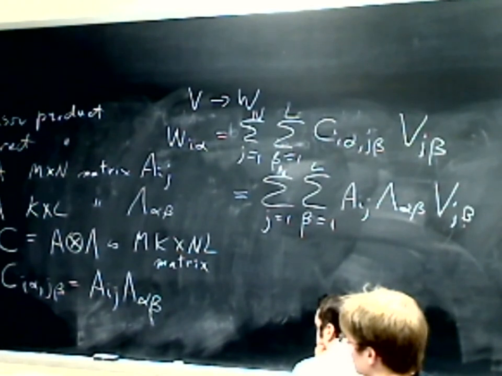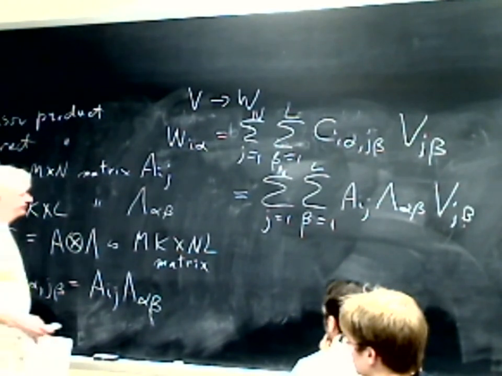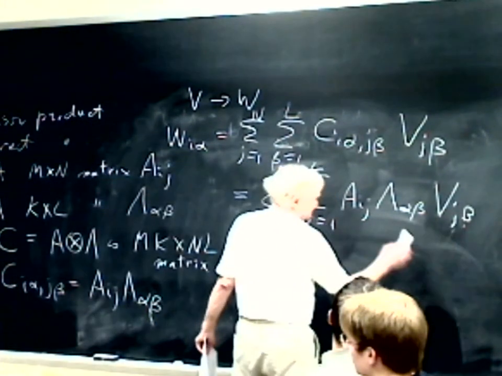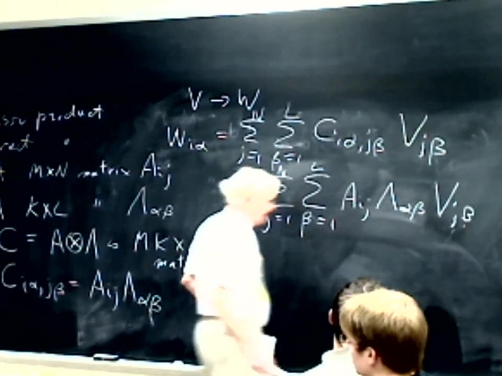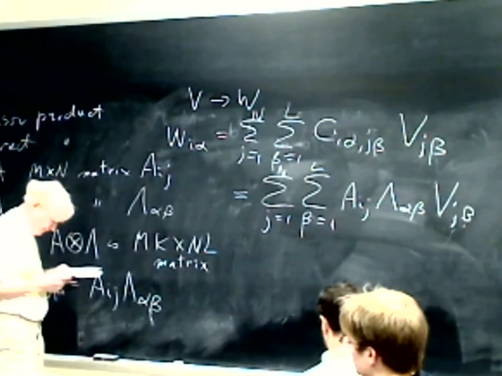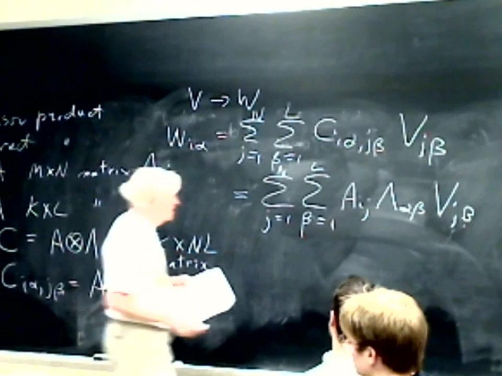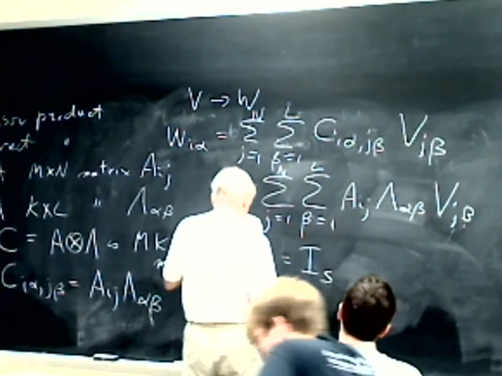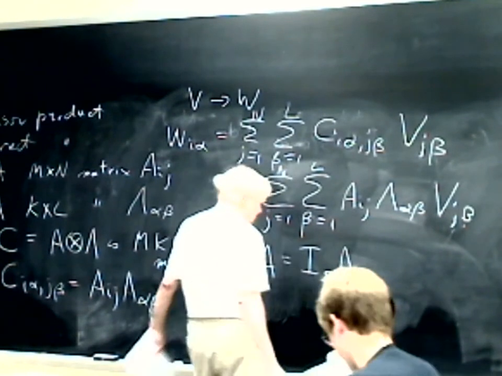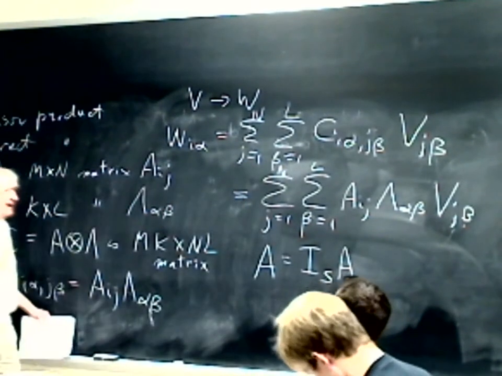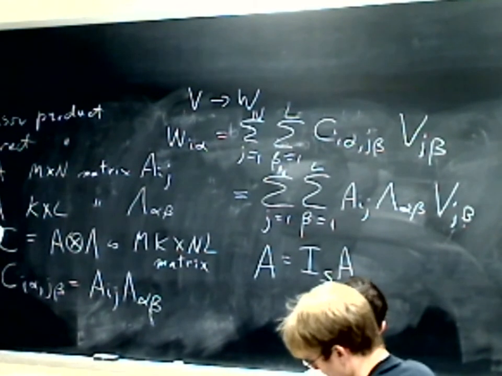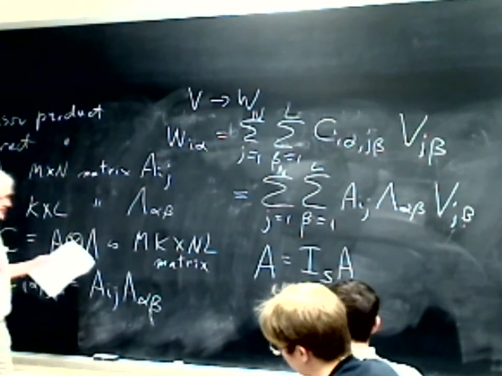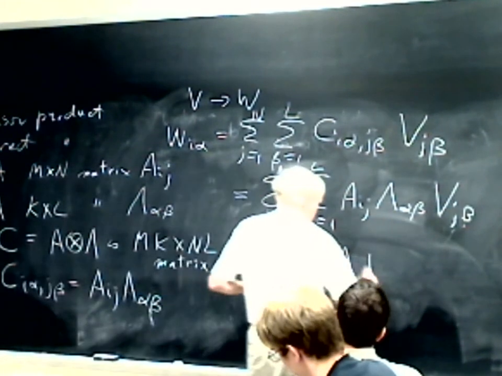That means A only acts on this index, and Λ only acts on that index of the vector. So, thinking in terms of operators, A acts on some space S, and in the case where A and Λ are both square, A maps some vector space into a vector space with the same dimension, and I'm going to think of it as the same vector space.